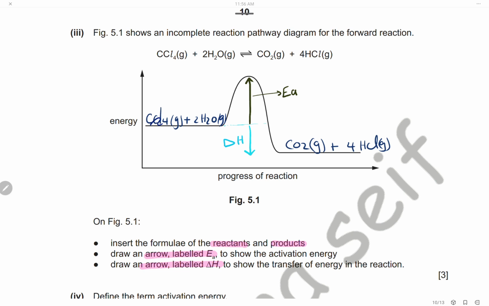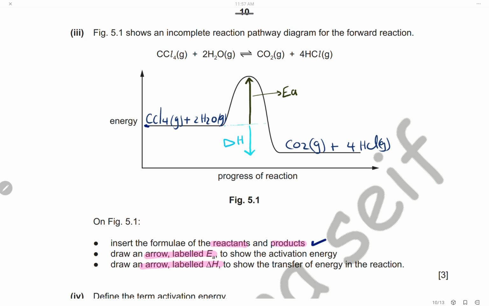So we will write the reactants here at a higher energy level: tetrachloromethane, which is a gas, plus steam, which is also a gas. Then we will write the products at a lower energy level here: carbon dioxide, which is a gas, plus 4 hydrogen chloride molecules, which is also a gas.